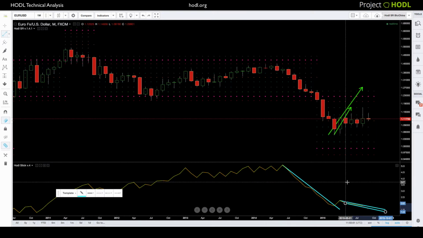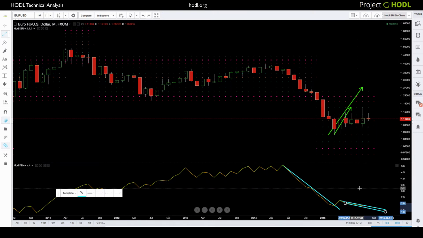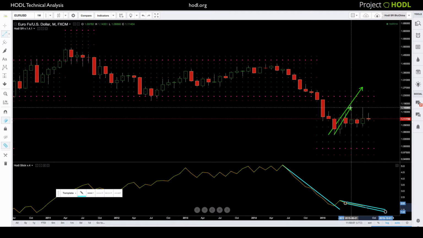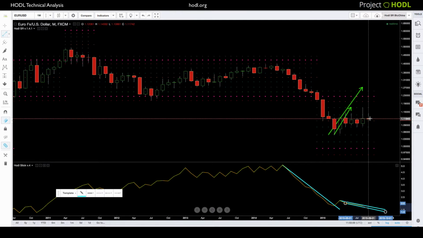So the signal of the stick is bearish. We completed a half move up and kind of going down right now. We still don't know yet what will happen, but it looks like we can go lower.